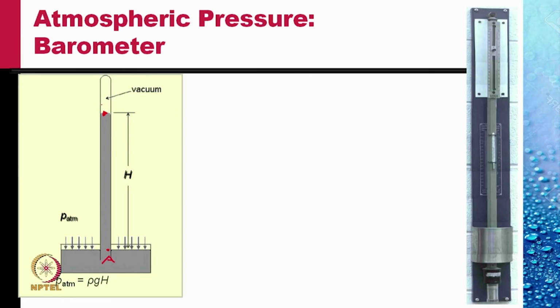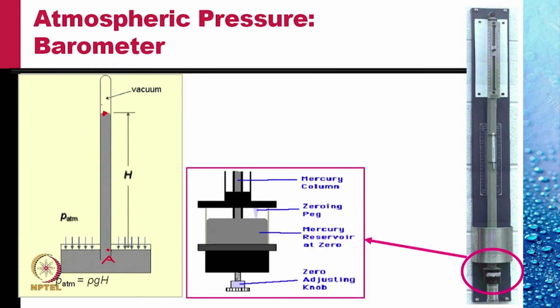This shows a typical construction of a commercial barometer, which is in use in school laboratories. The lower end of this barometer consists of a cup in which mercury is filled. The bottom of this cup is made of a flexible membrane.